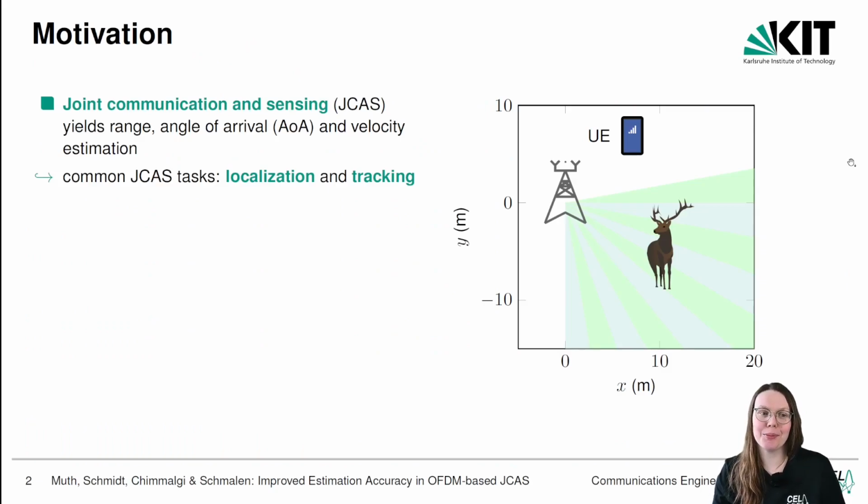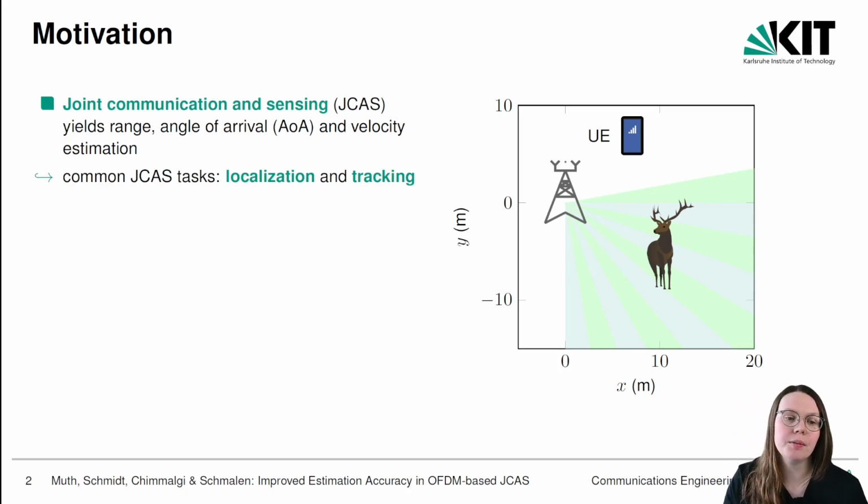Let's start with our motivation. We consider joint communication and sensing as a type of radar-like sensing in a communication network. Also, we apply a uniform linear array at the receiver and at the transmitter so that we can also estimate the angle of arrival of our signal.